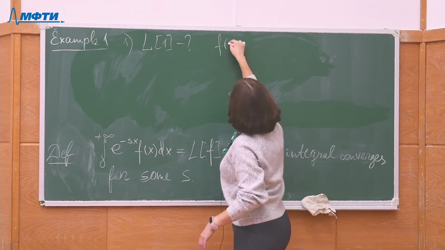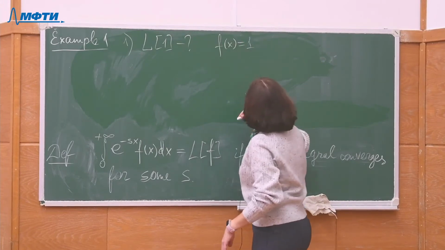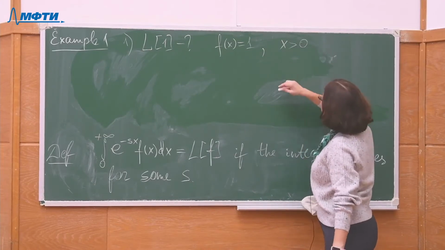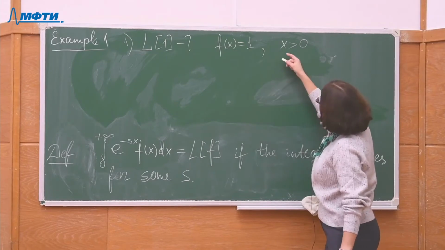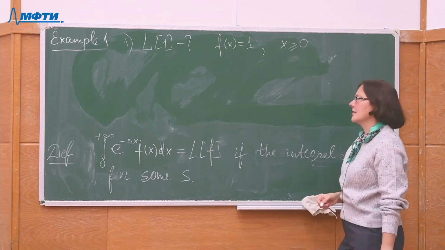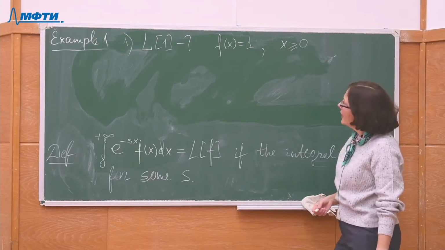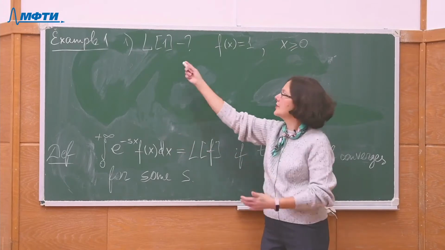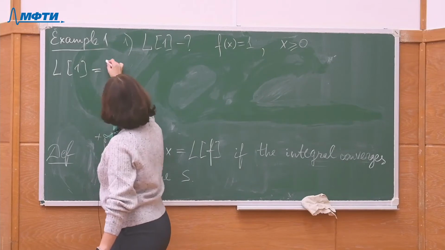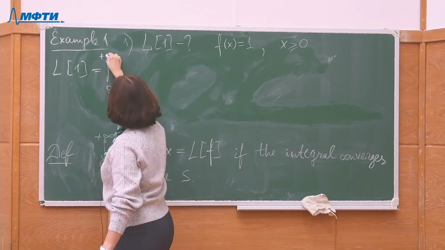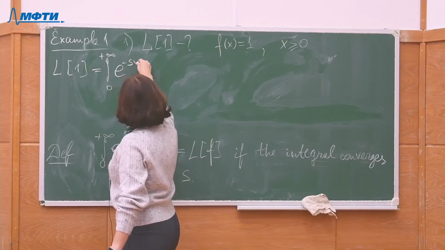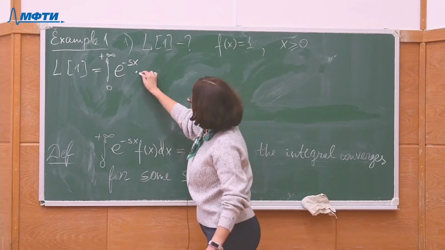So this means that f of x is equal to 1, given on the interval from 0 to infinity, with s greater than or equal to 0. Let's do it. By definition, the Laplace transform of 1 is equal to the integral from 0 to positive infinity of e to the power of minus sx multiplied by 1 dx.